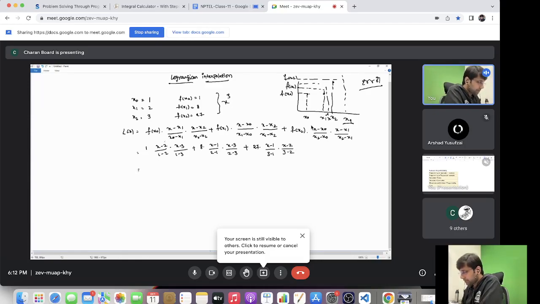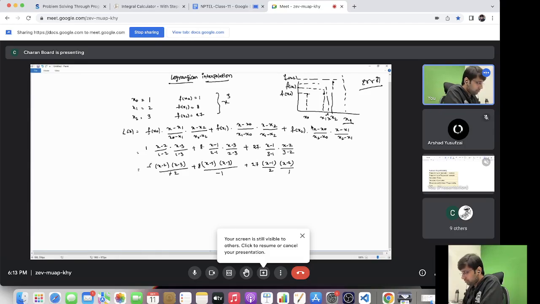So 1 minus 2 is minus 1, so (x minus 2)(x minus 3) by minus 2, plus 8 into (x minus 1)(x minus 3), 2 minus 1 is 1 and 2 minus 3 is minus 1, so plus 27 into (x minus 1) by 2 into (x minus 2) by 1.